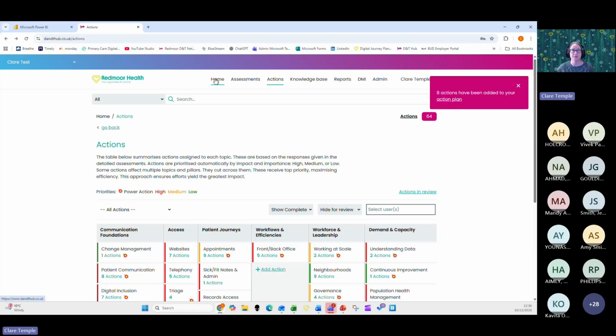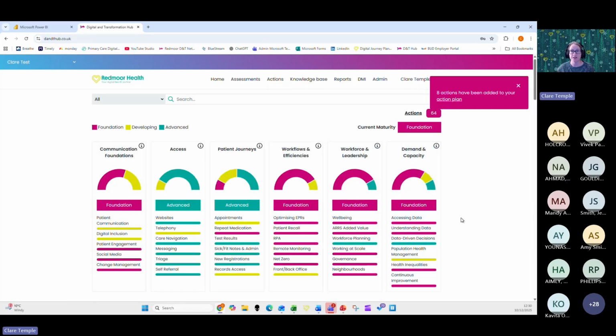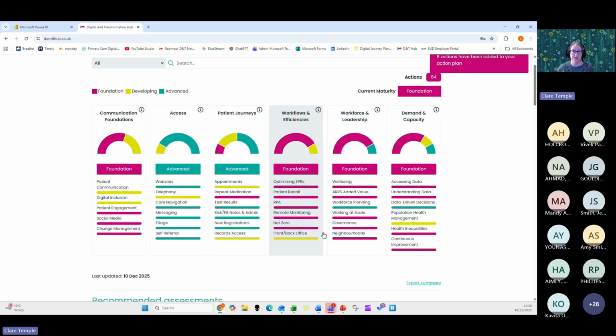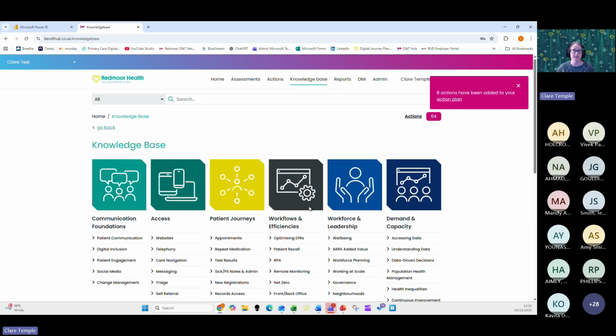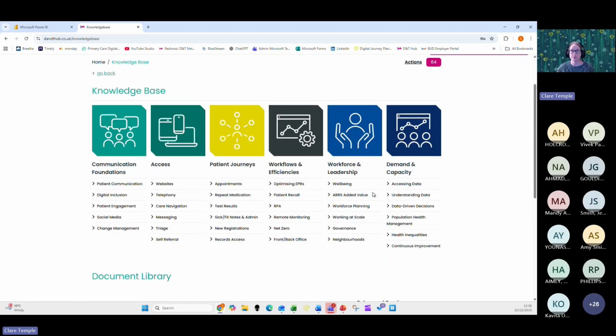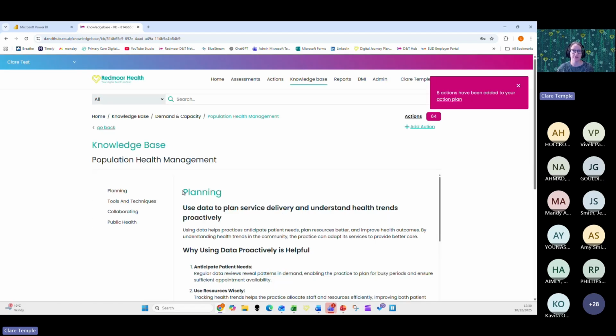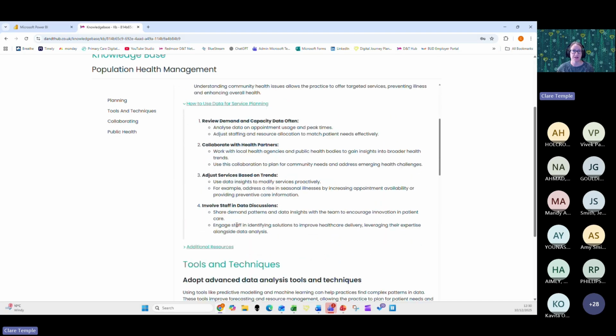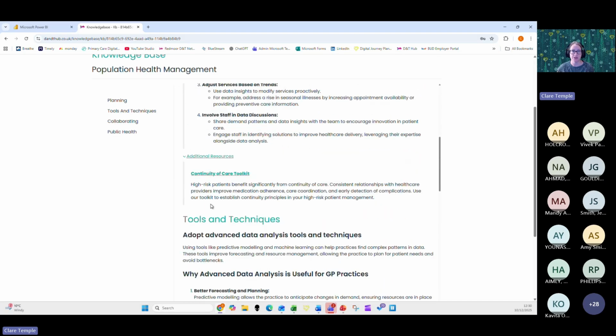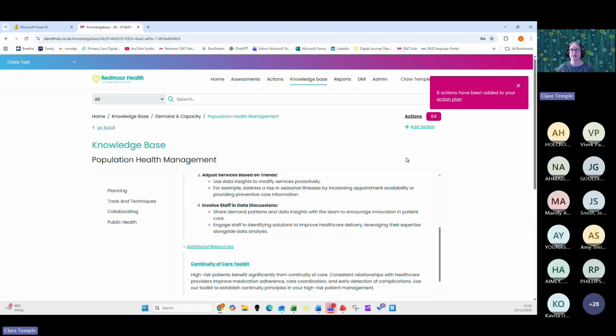It's really useful to know where you sit, to get a little bit of guidance as to where you might want to make improvements. Our knowledge base is full of information on how to make those improvements. So it gives you resources and guidance as to how to use these tools and techniques.